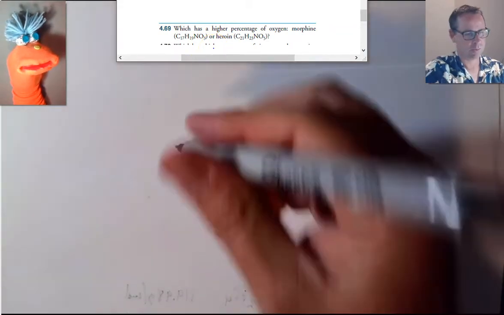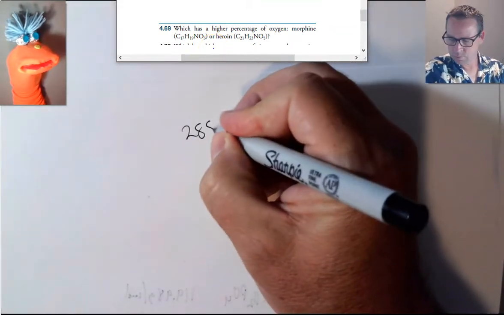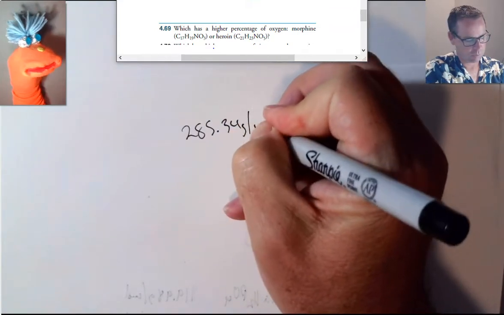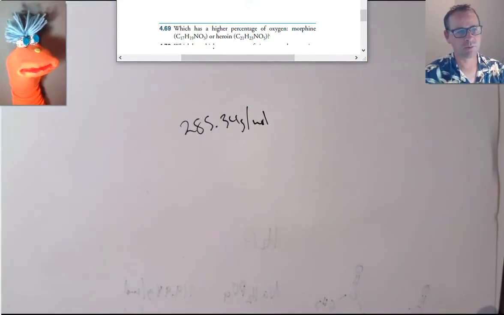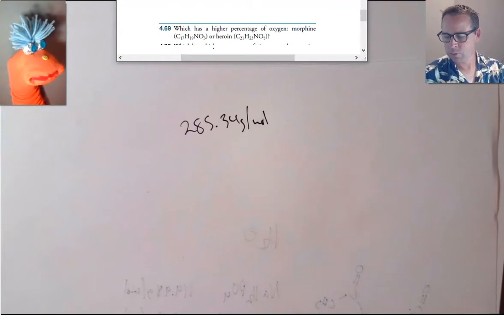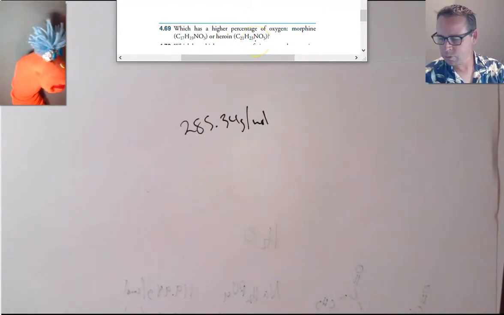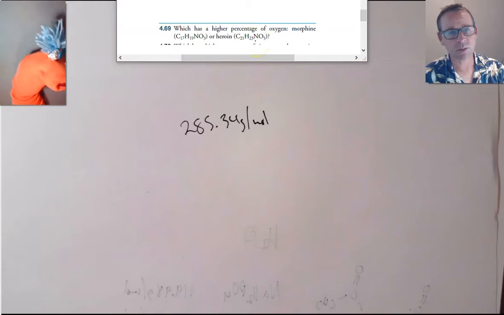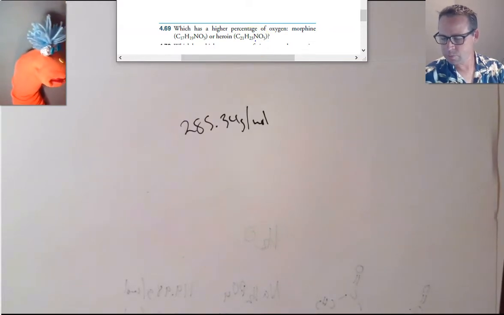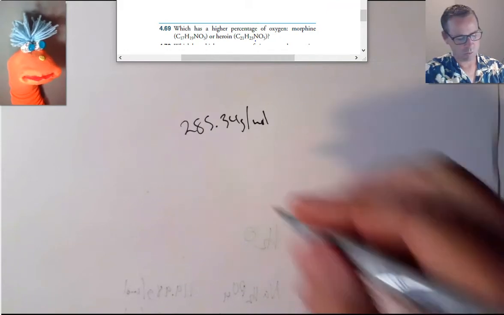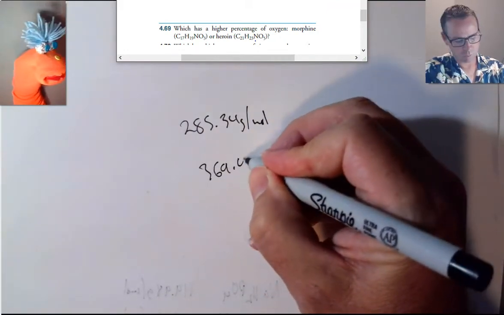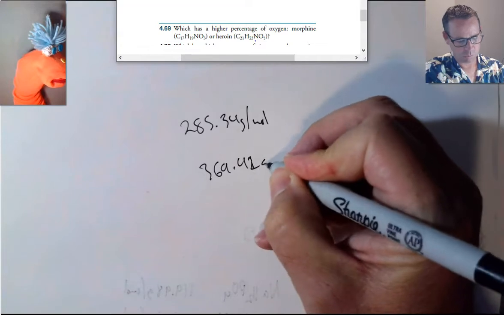The molar mass of morphine is 285.34 grams per mole. Can you double check that, Fred? Yeah, okay. I'll also look for the molar mass of heroin. The molar mass of heroin is 369.42 grams per mole.